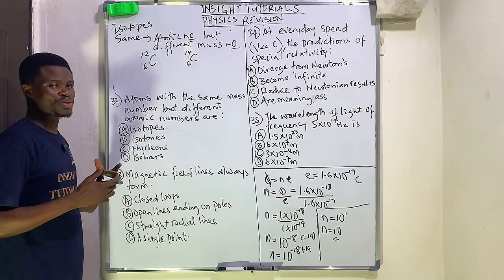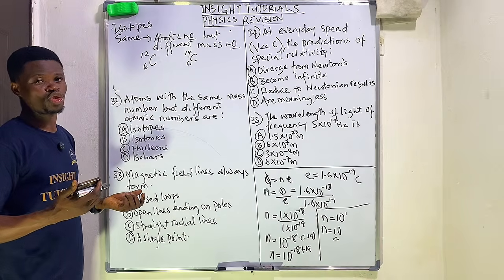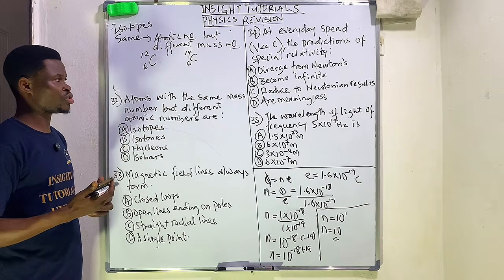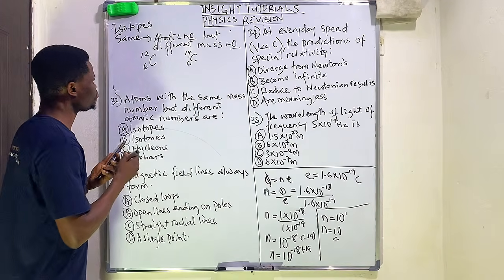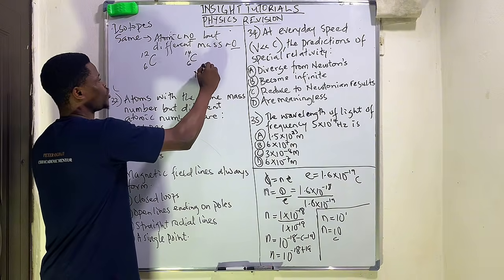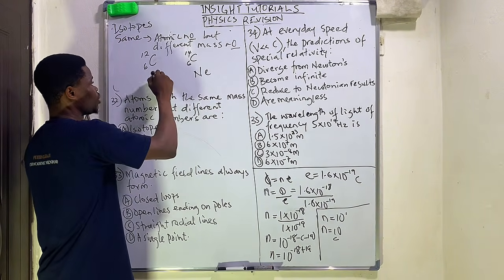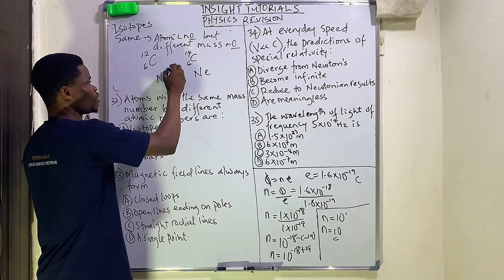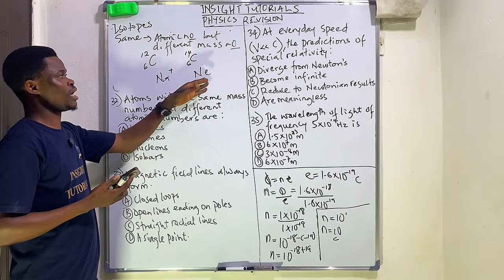Isotones are simply elements that have the same neutrons in them. For example, let's say you're dealing with neon as an atom, and you're dealing with sodium as an ion. Remember that these have 10 electrons in them.